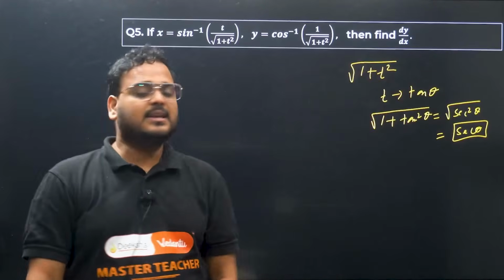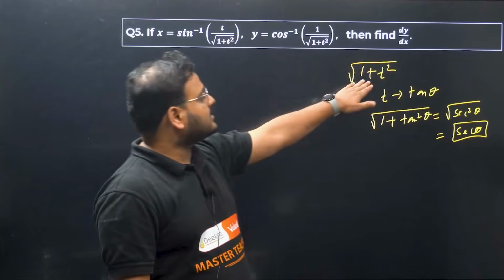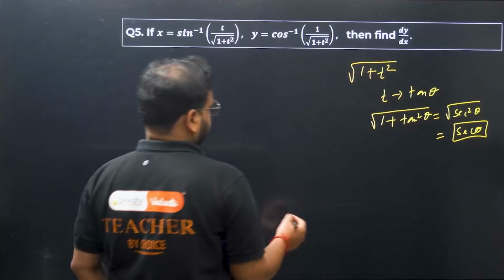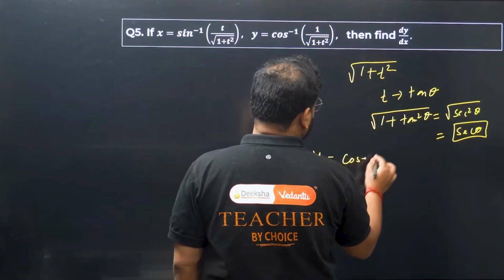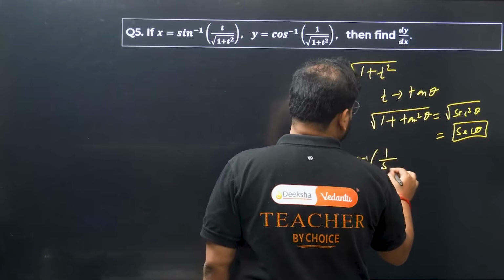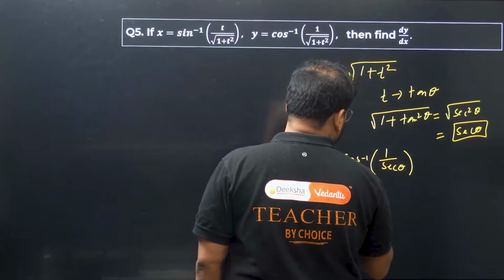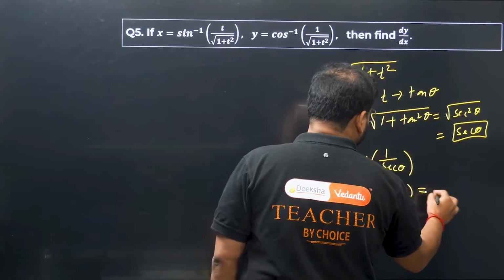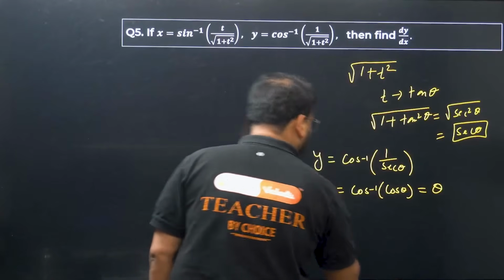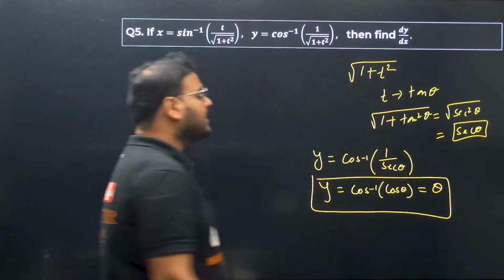So the value of y will become cos inverse of 1 upon sec theta, which is cos inverse of cos theta, simply theta. That's the value of y.